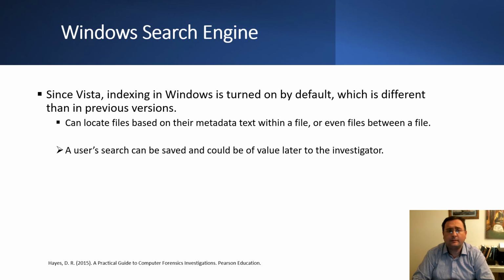Indexing can help locate files based on their metadata, text within a file, or even files between files. User searches can be saved and could be of value later to the investigator. So it's important to also analyze the Windows search engine's log results.